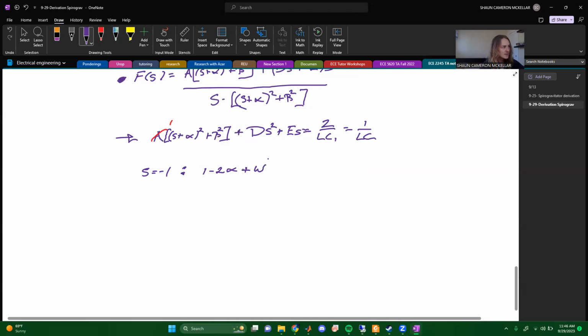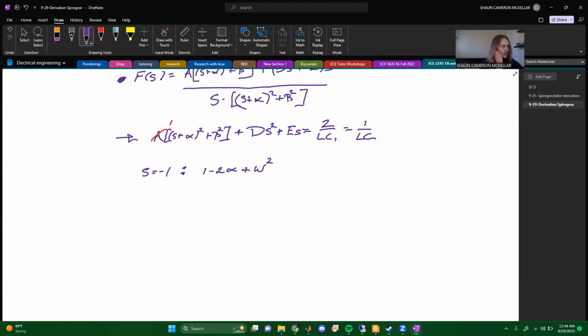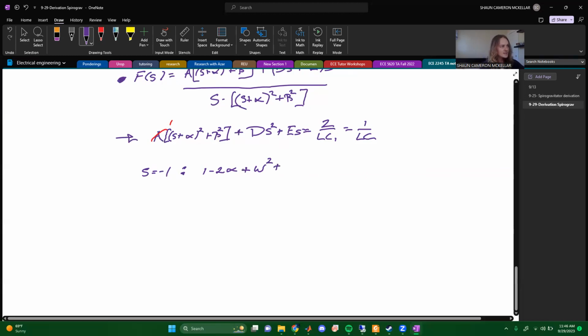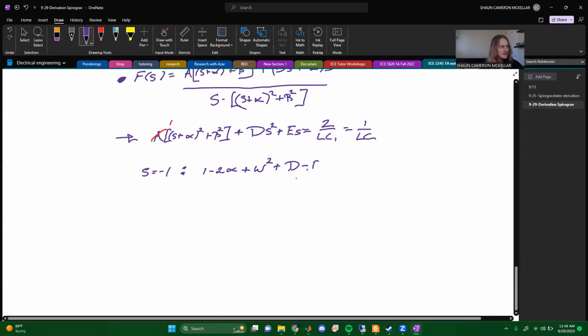So I'll just write plus omega squared here, because alpha squared plus beta squared equals omega squared. Okay, so then I'll have plus D minus E, because S is -1. So that gets us one equation.